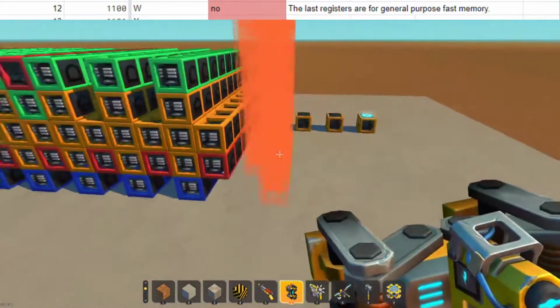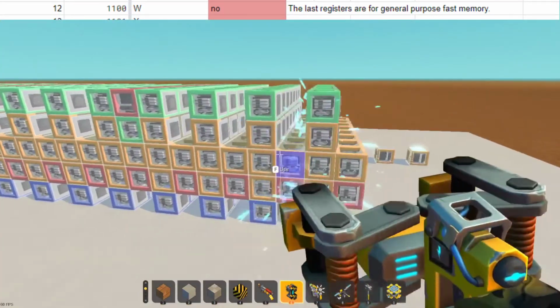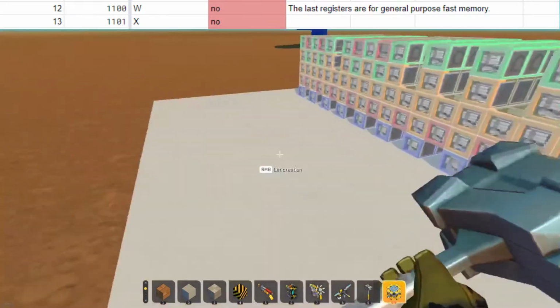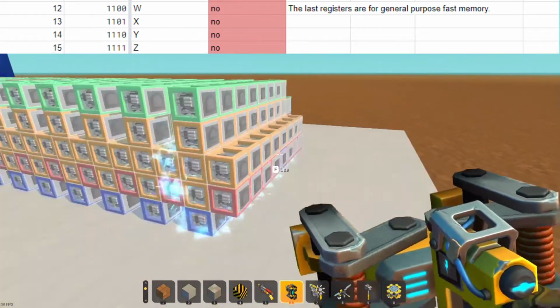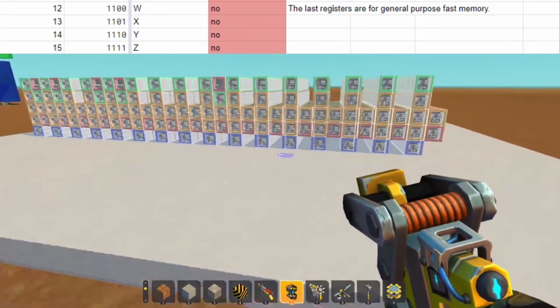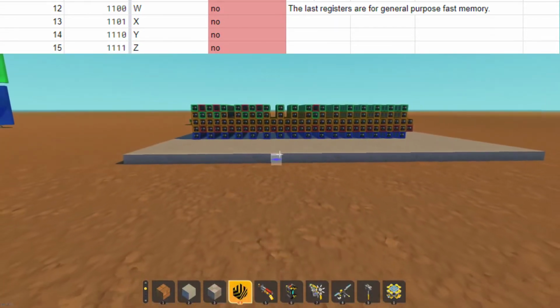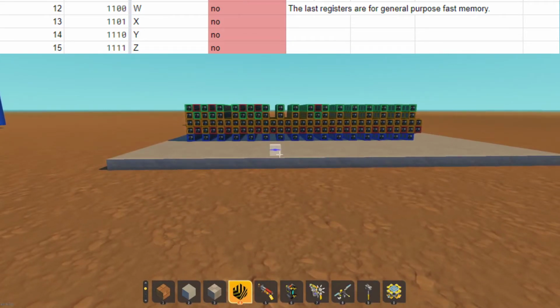And then the W, X, Y, and Z registers, which are just general purpose registers if you need a little bit of extra very fast memory.